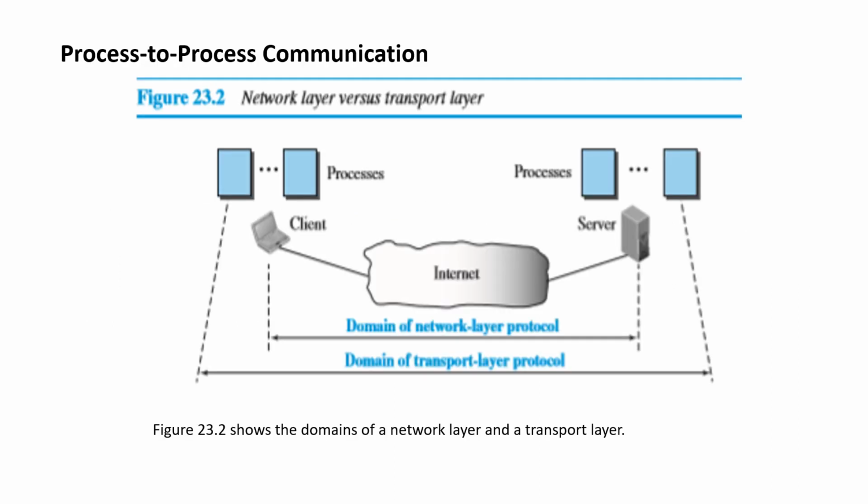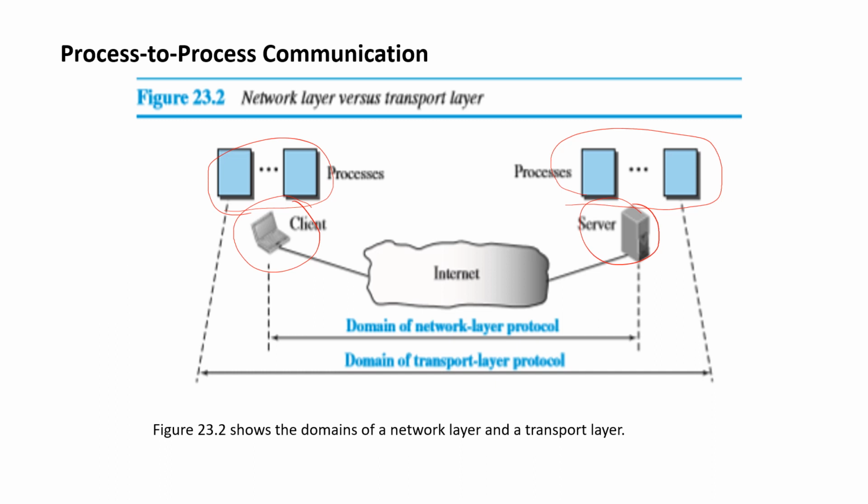One of the services of the transport layer is process-to-process communication. Consider that I have a client and a server, and the client has opened many processes, and simultaneously the server is also running many processes.